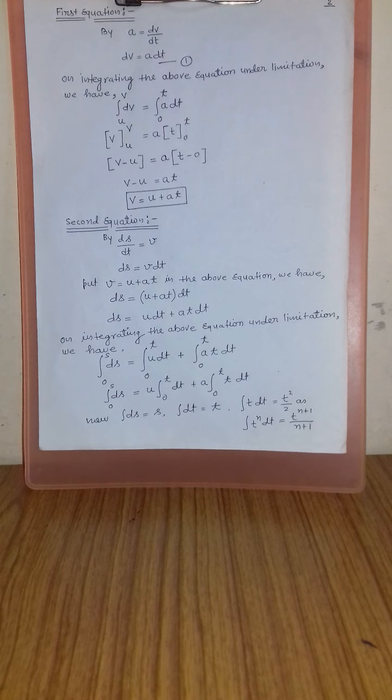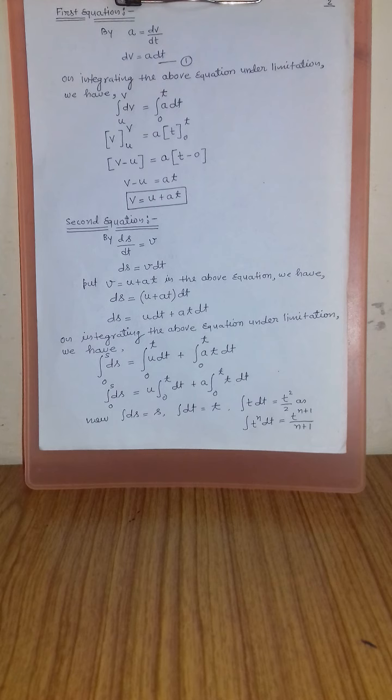Now put v = u + at in the above equation. We have ds = (u + at) dt. Now you will multiply dt to each term, which results in ds = u dt + at dt.